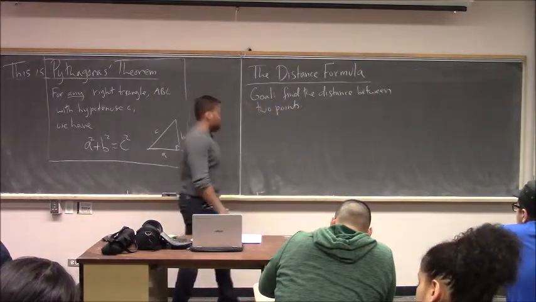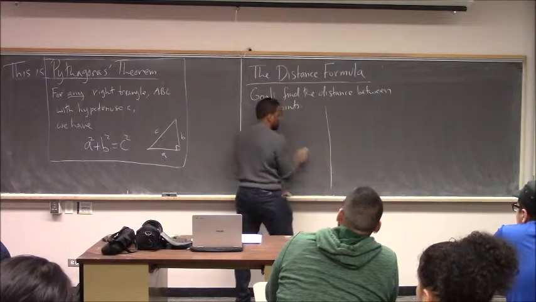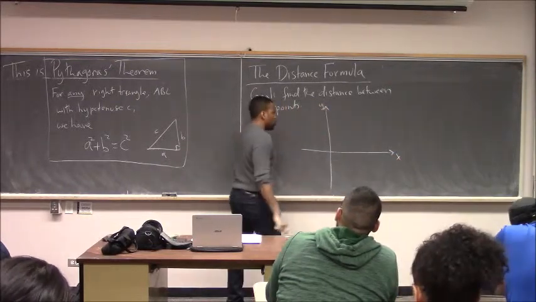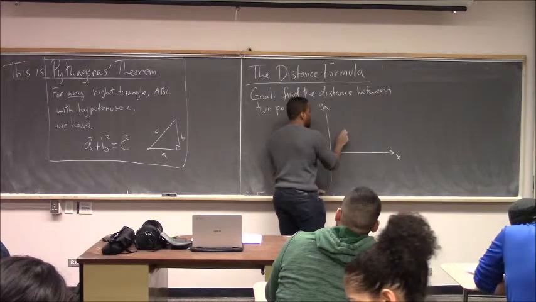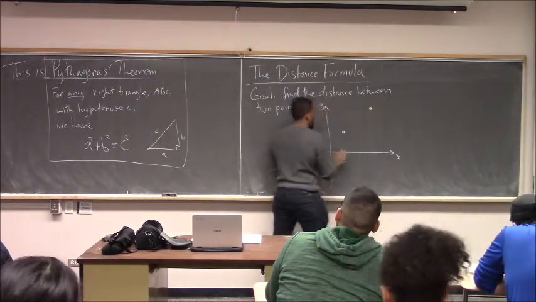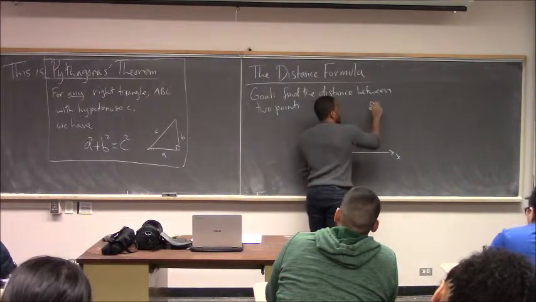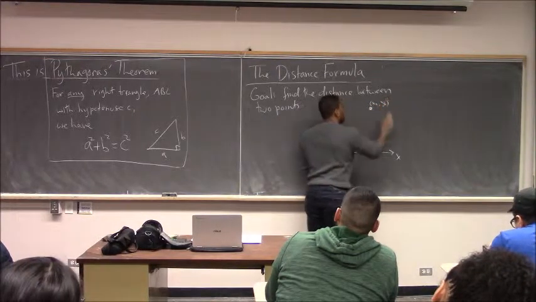Now, it will be nice if we can plot a picture, so let's use the Cartesian plane. And let's assume the 2 points I'm talking about are these 2 points. Let's say it's x1, comma y1, and call it x2, comma y2.